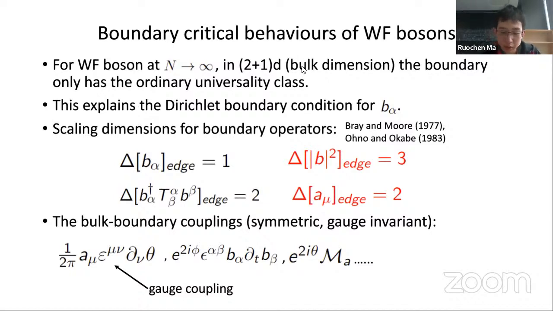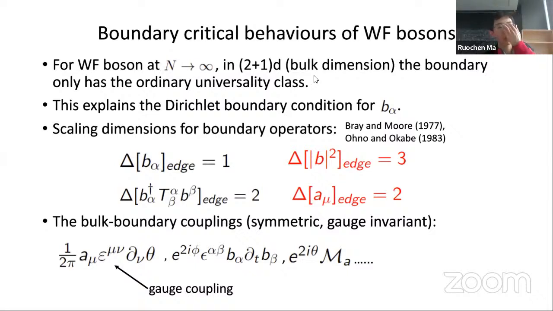And this can be understood physically by noting that in 2 plus 1D, the boundary does not order when the bulk is disordered due to the Mermin-Wagner constraint. So the ordinary universality class means that the boundary is gapped and disordered throughout the bulk disordered phase, and orders together with the bulk.